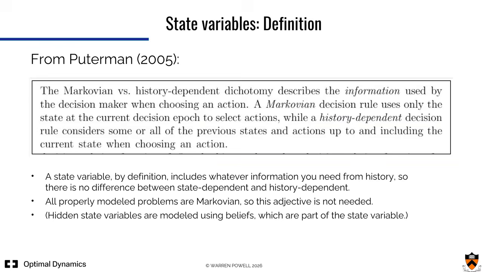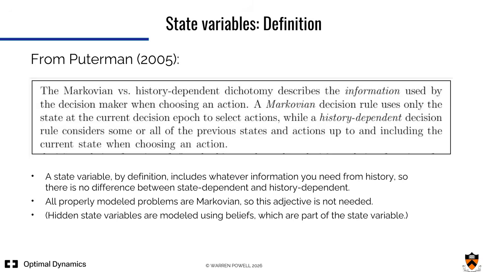Now, from Puterman, he's got this section. This is screenshotted from the book, the Markovian versus history-dependent dichotomy. So probabilists with Puterman's background love to talk about Markov processes versus history-dependent processes. The Markov versus history-dependent dichotomy, as he puts it, describes the information used by the decision maker when choosing an action.